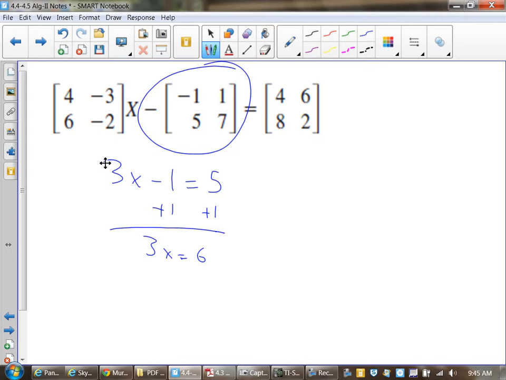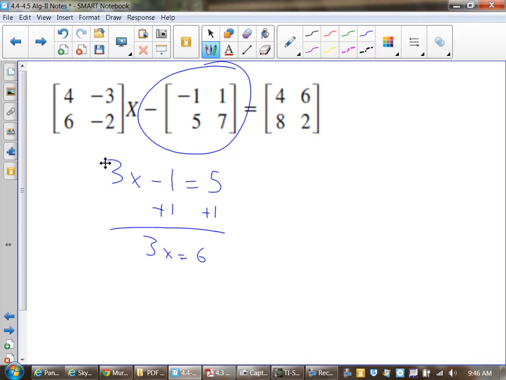Now, for the other matrix, I have to add all the entries of the matrix on the left to the one on the right, because it's minus, so it's going to be adding. So what's 4 plus negative 1? We're now plus 2 by 2. 4 plus negative 1 is 3. 6 plus 1 is.